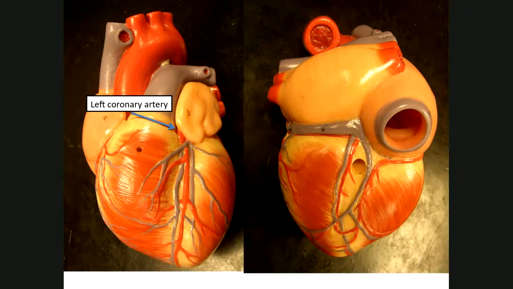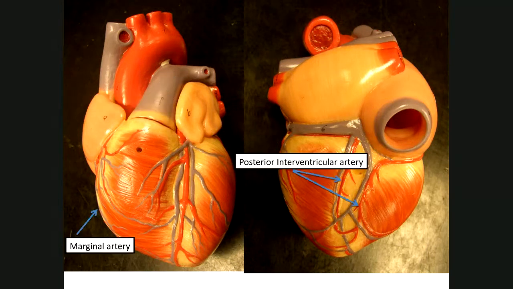If we look at the left, remember the left went behind here. So we can't really see that part of it because it's behind this pulmonary trunk. So the very first place that we see it is right there. And what it's going to do is it's going to go down, and another part's going to go around. So we go back to our picture again.